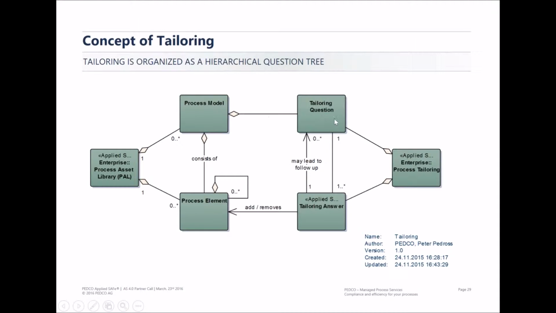The process model also consists of tailoring questions, and based on those questions, there may be follow-up questions as well. So it's built on a hierarchical question tree, and depending on your answer, more questions will be asked or not. At the end, this is the whole tailoring of the specific instances.